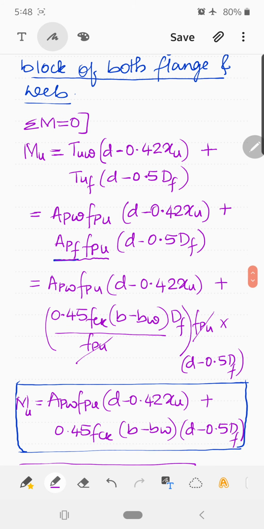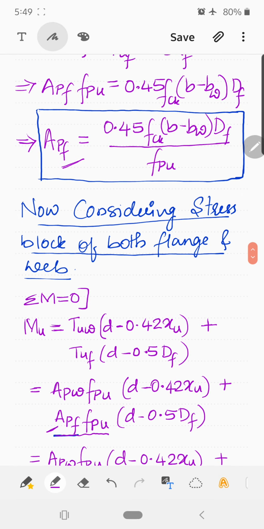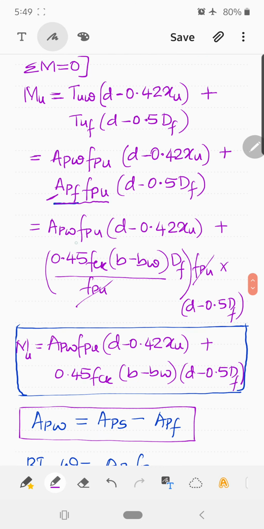Now we know the equation for APF. So the equation for APF is 0.45 FCK (B minus BW) into DF by FPU. Substituting that here, we get APW FPU (D minus 0.42 XU) as it is for the web, plus for the flange, APF is this bracket term, into FPU into (D minus 0.5 DF). So FPU gets cancelled.